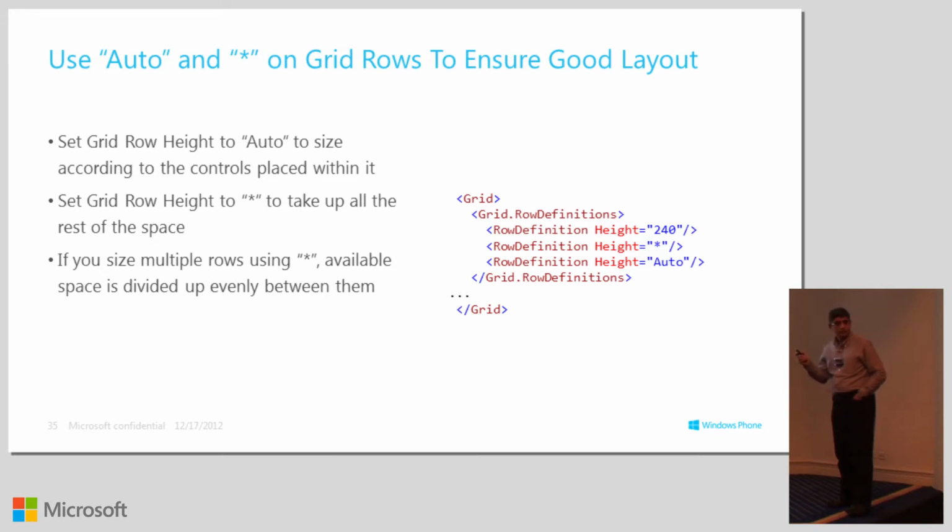So now going back to that grid, we can use the grid containers or the layout containers to arrange our UI to fit the screen resolution. So for example, here you set the height to auto to adjust the size of the content, and then you set the height to star to take up the rest of the available space.